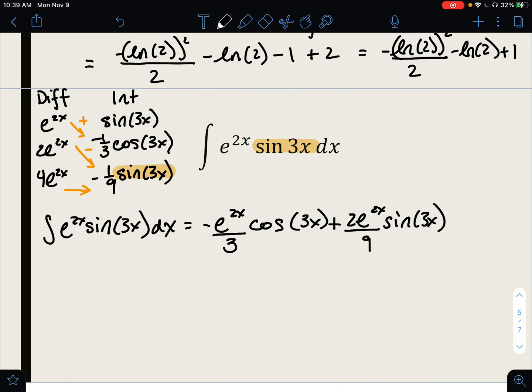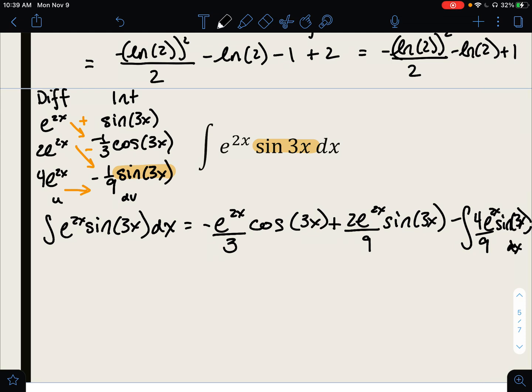And then be careful here, because we're going straight across, this is like a u dv situation. So we still have to subtract that integral, right? So this is still going to be minus the integral of those two things multiplied together. So it's like you're doing the integration by parts, but the last step. So 4e to the 2x over 9 sine of 3x. Sorry, I'm running out of space here, dx.